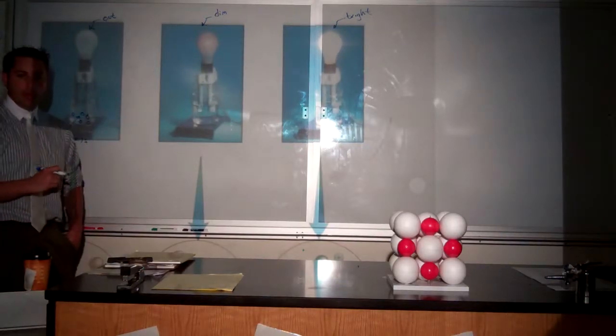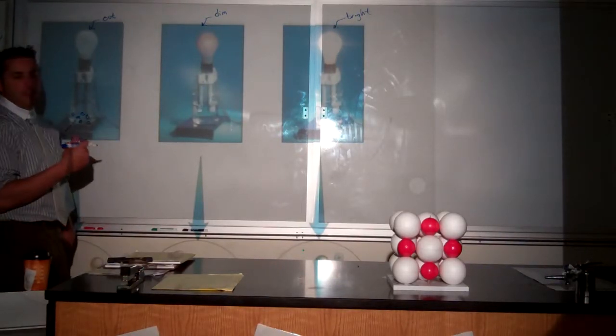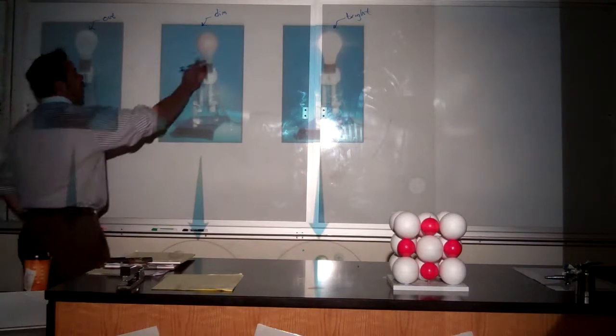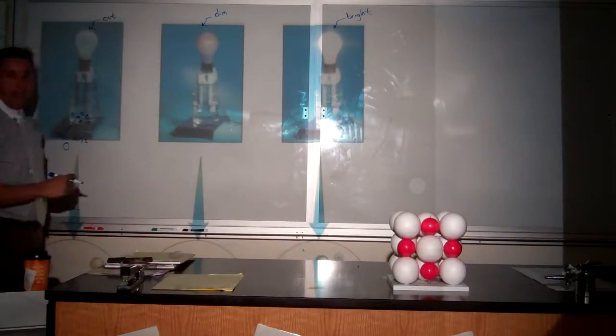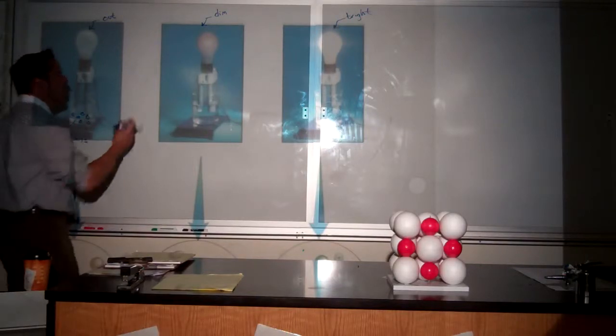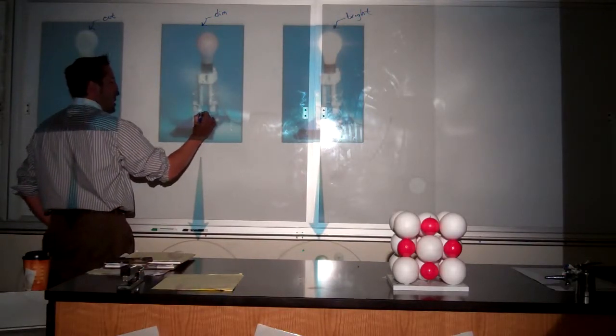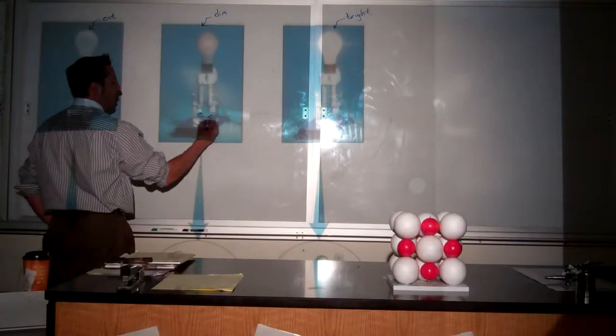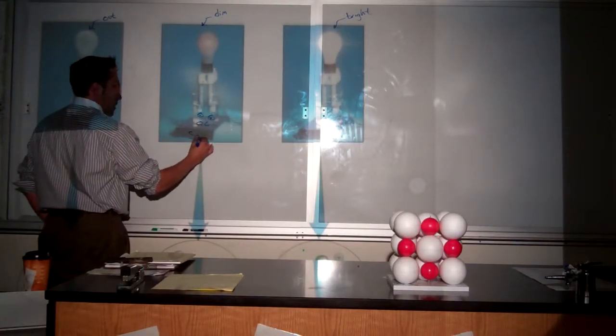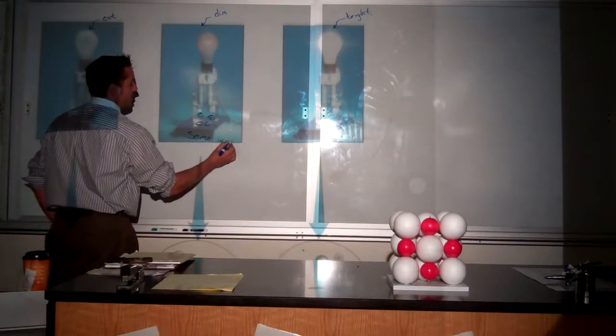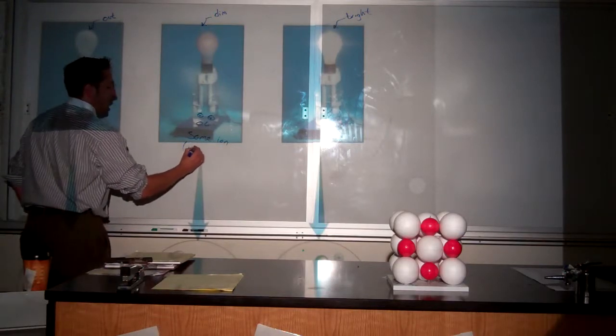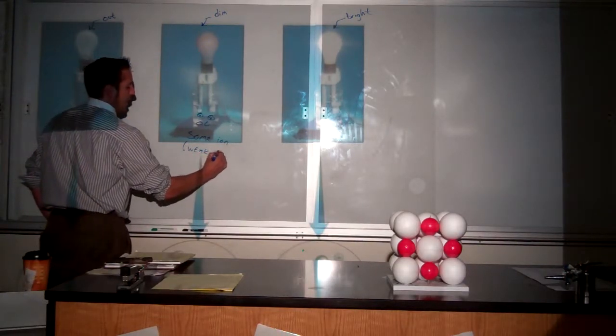In the dimly lit one, a current, an electric flow of electrons, can pass through, but not very well. That means there are some ions. And this would be termed as a weak electrolyte.